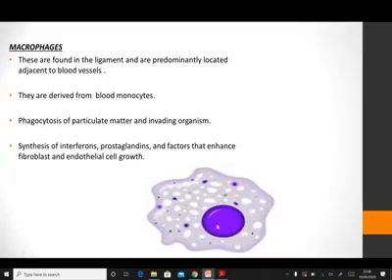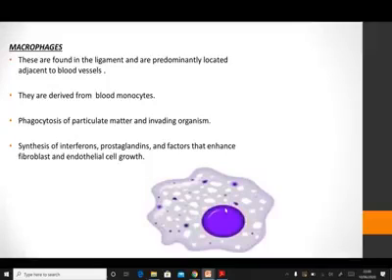They have a nucleus. They are found in the ligament. They are also located adjacent to blood vessels. They are, however, derived from the blood monocytes. And the function of macrophages is basically phagocytosis of the foreign organisms and foreign particulate matter. So that is how the macrophages defend the periodontal ligament.